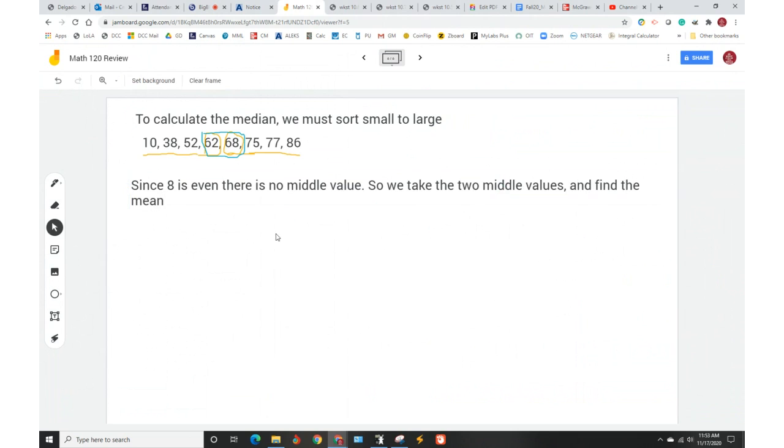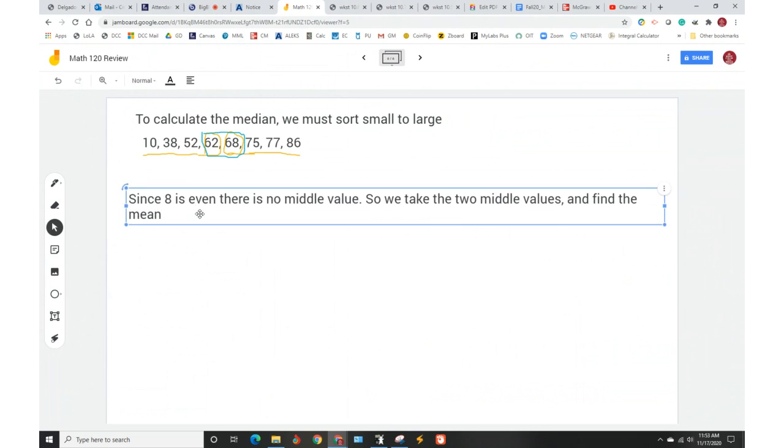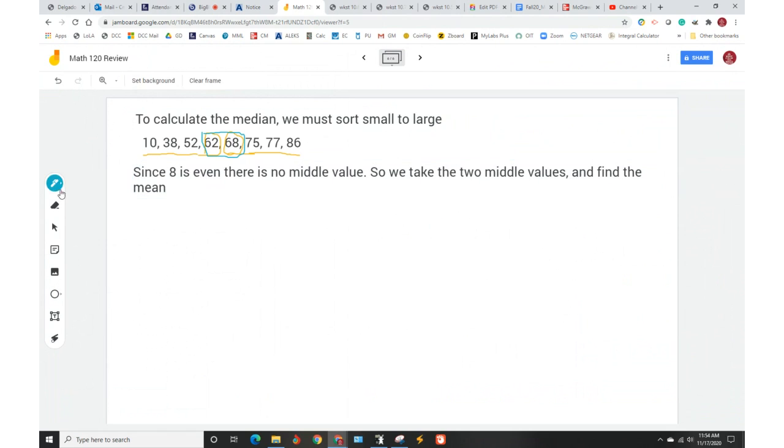All right, so then now what that's going to be is 62. So that's going to be 130, right? Which is 65, if I'm not mistaken.